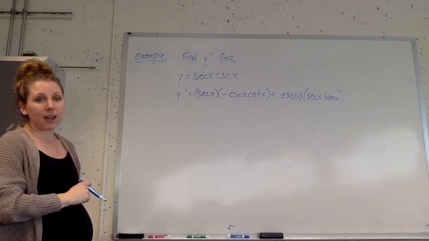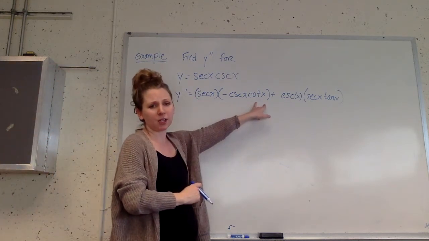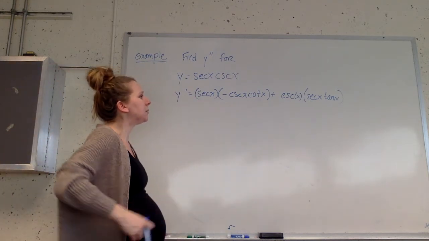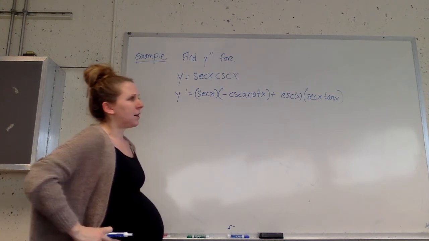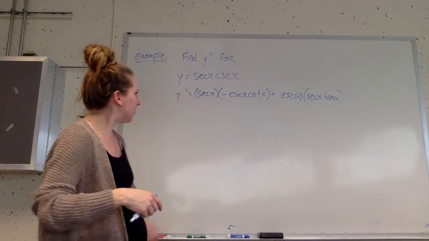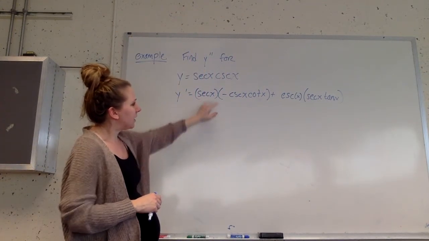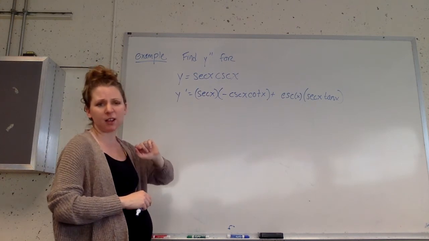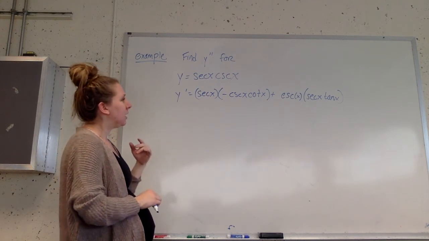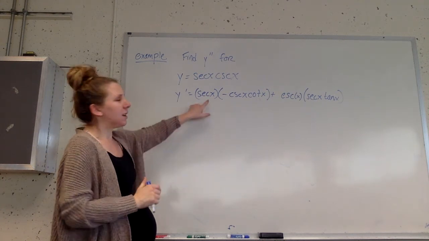So now we want to take a second derivative, but notice we have a triple product. So there's multiple ways to handle this. We could factor out a term, I could factor out a secant times a cosecant. And so then I would have maybe fewer products. It's debatable how you'd want to handle this.